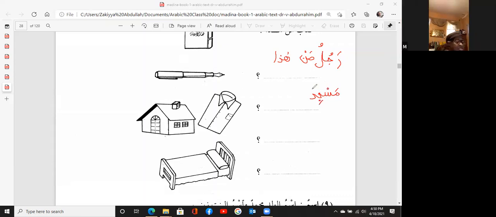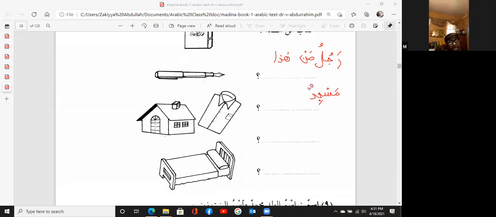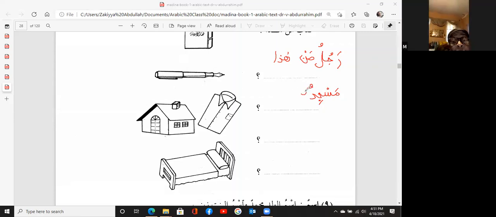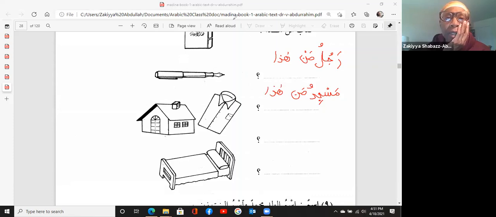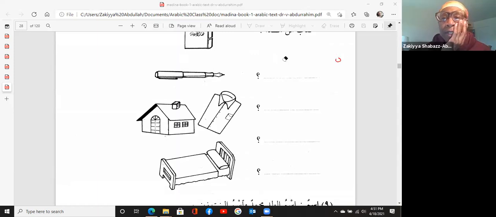Masjid what? Masjidun. Masjidun men Heather. Men Heather. I want you to translate this one. Oh, I'm writing it the wrong way.